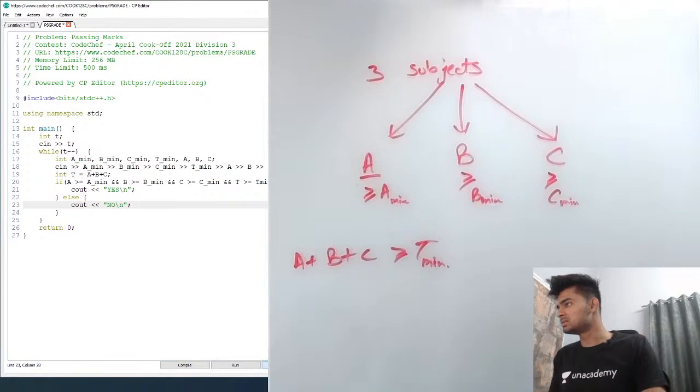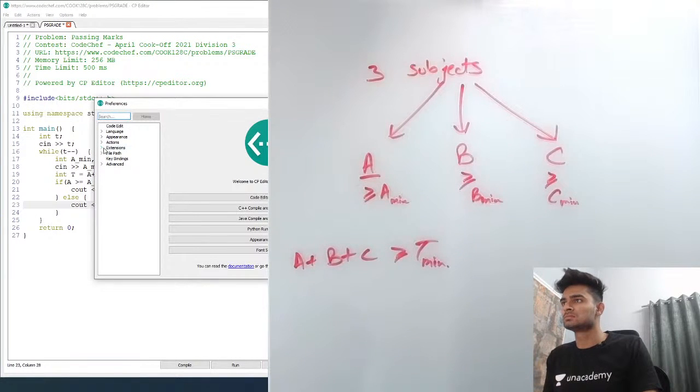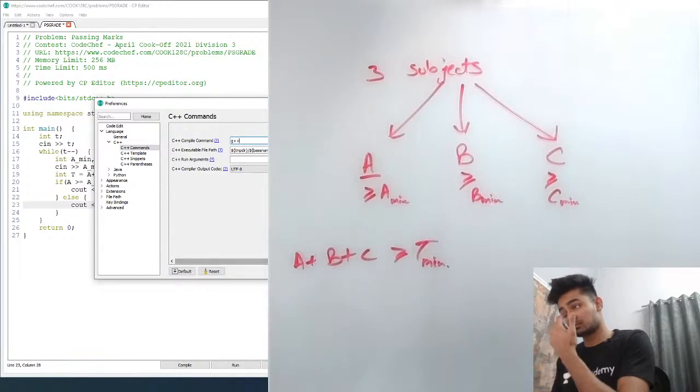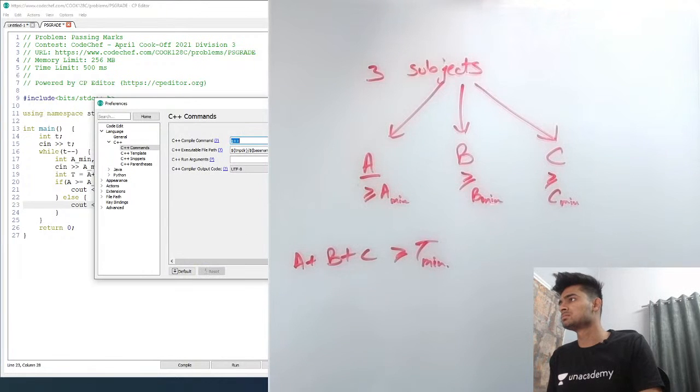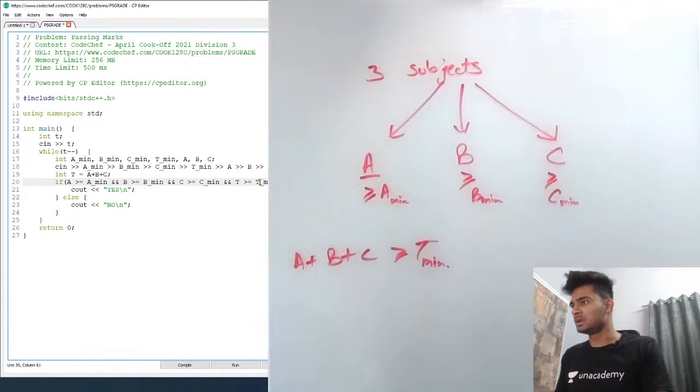Let's try to compile this. Okay, t_min was not declared, so yes, this has to be t_min.